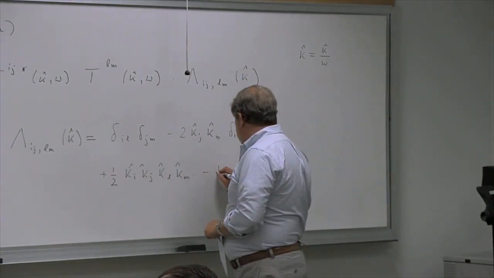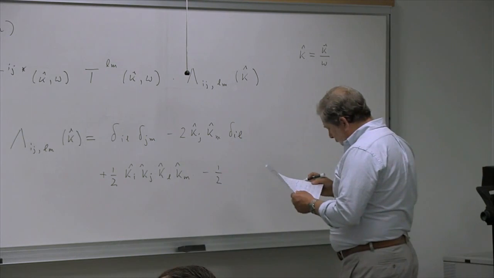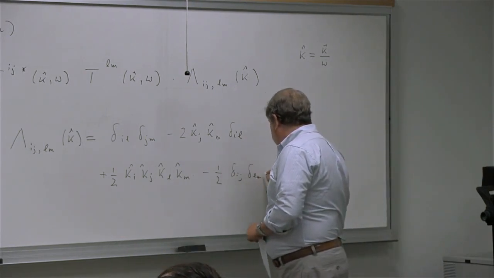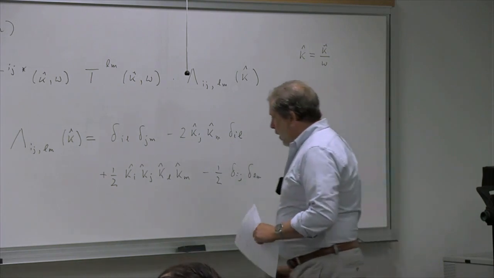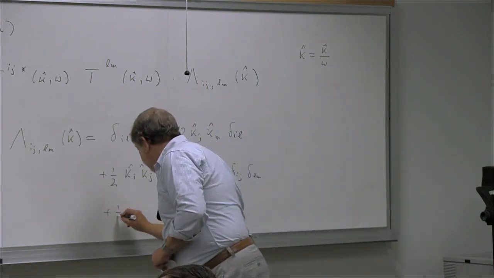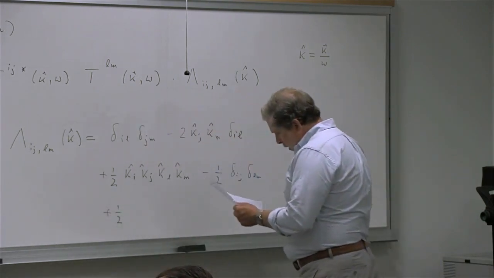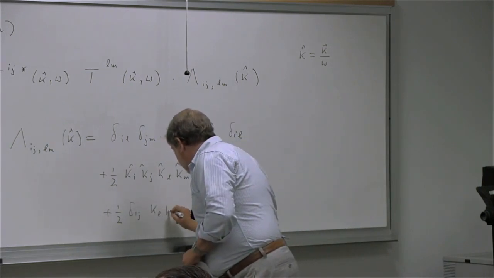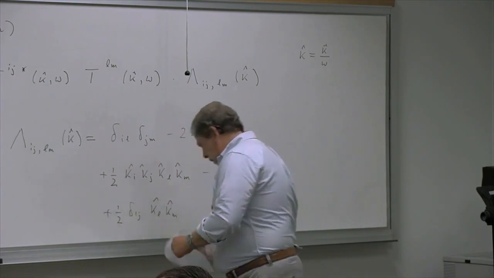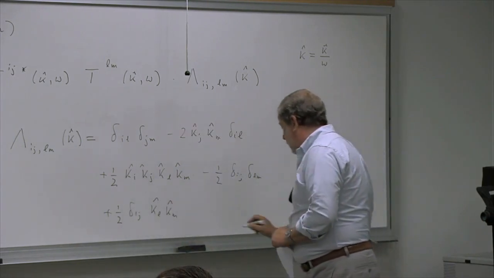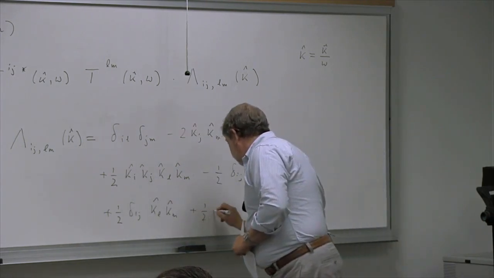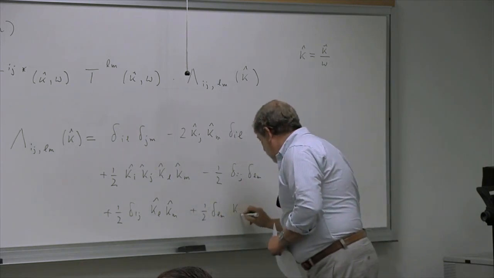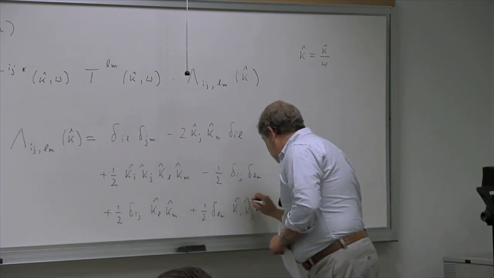So minus 1/2, a term that has Kronecker deltas only, delta ij, delta lm, plus 1/2 delta ij, k l, k m, unit vectors again, and then plus a half delta lm, k i, k j, unit vectors, right?